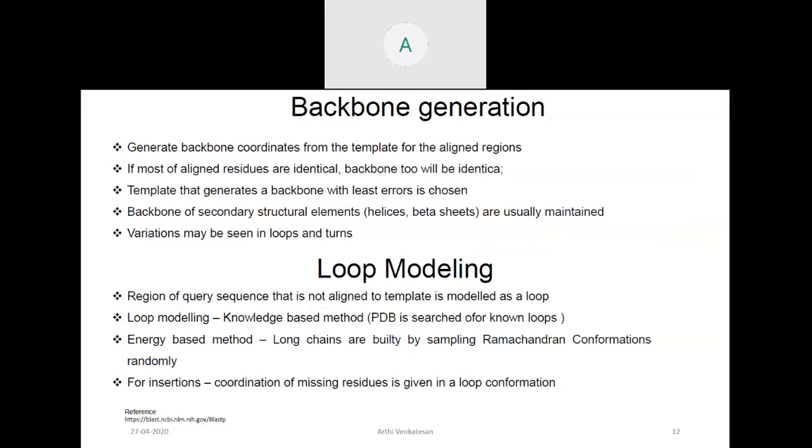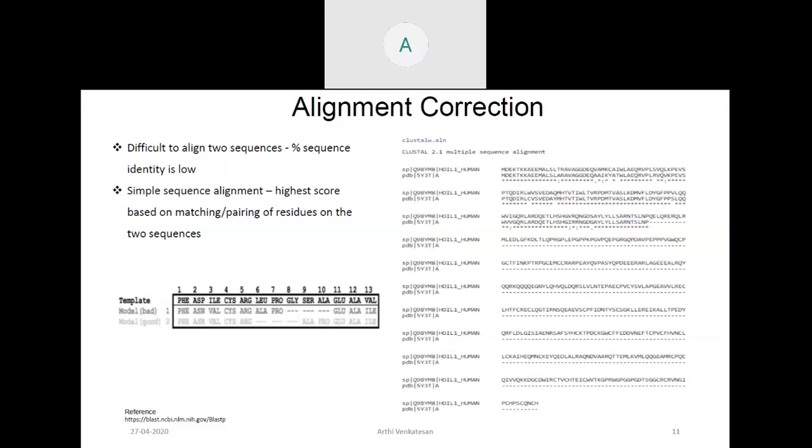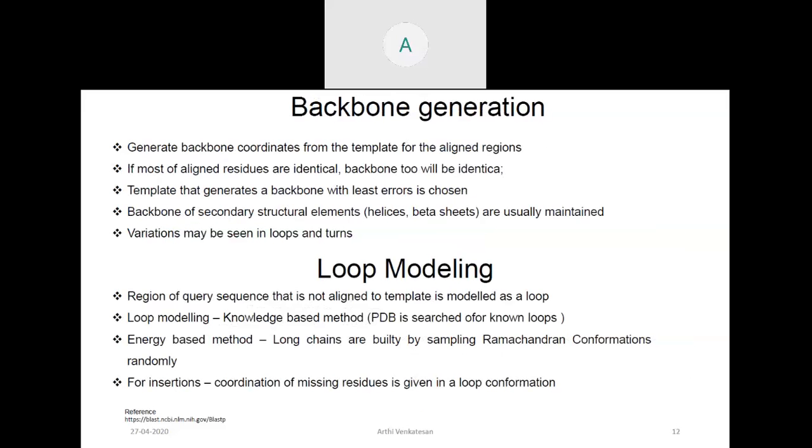For example, the first one, human as well as 5Y3T, here you will find AEEM. Here you need to find out if the residues are conserved. If you find helix, loop, or beta sheets, you need to find the backbone coordinates there.